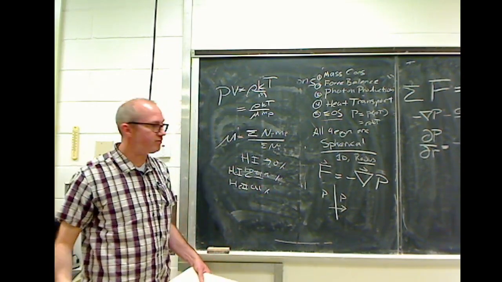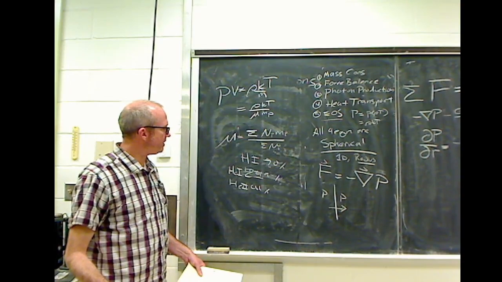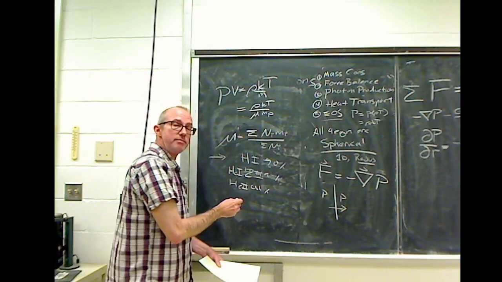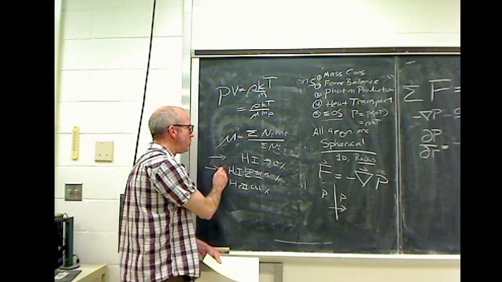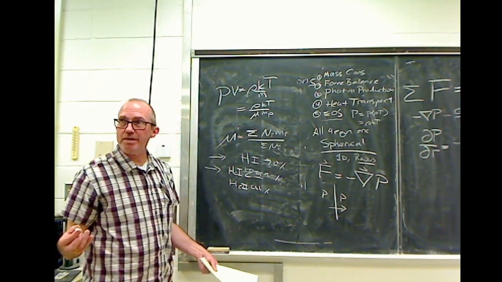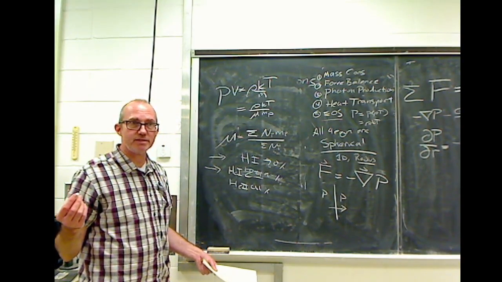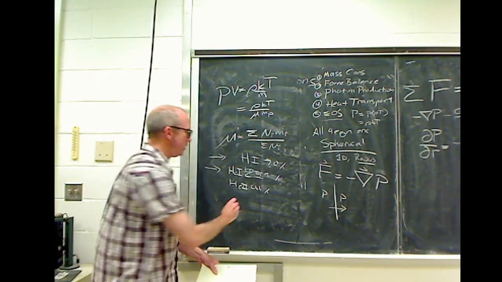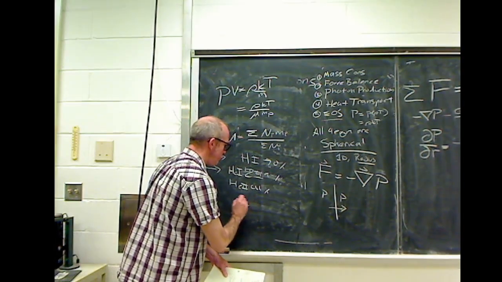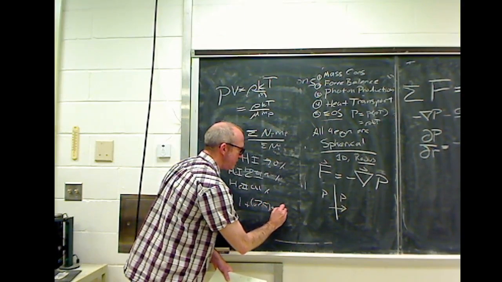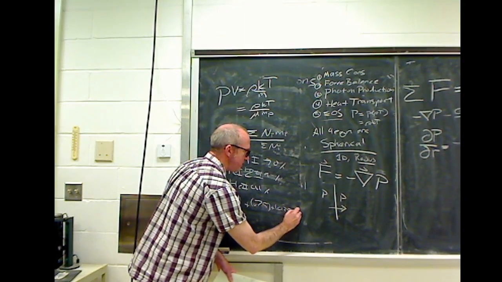So you have some fraction of mass, so then the mean molecular mass is going to be 70% times the hydrogen and 20% times the helium. So your mean molecular weight of typical atmosphere, typical outer space is going to be 0.75 times 1 plus 0.25 times 4.